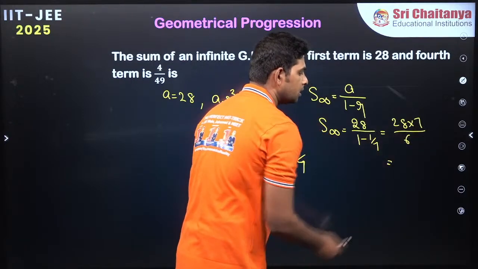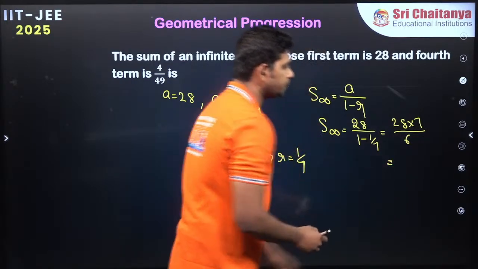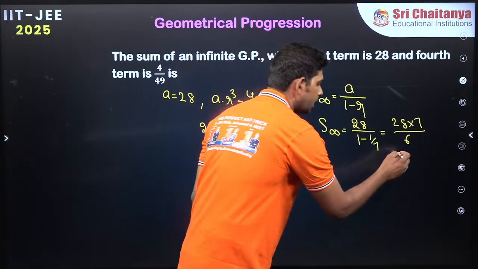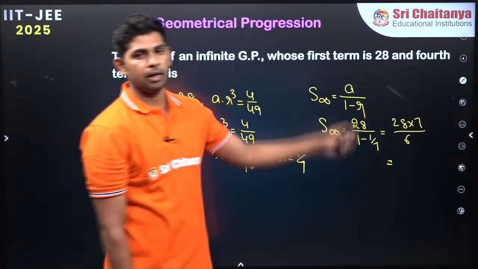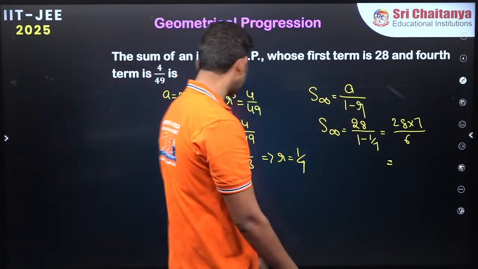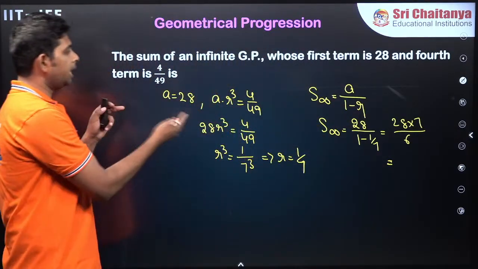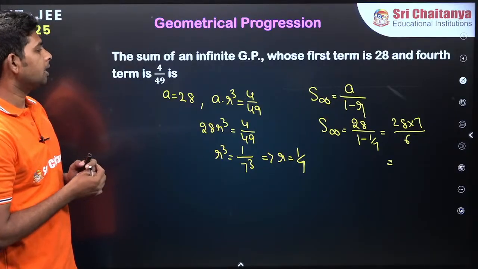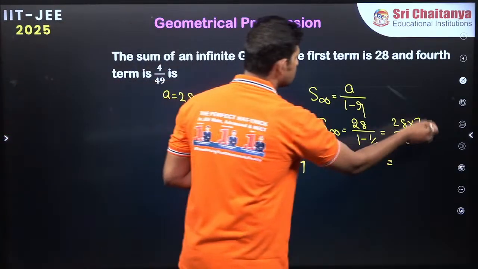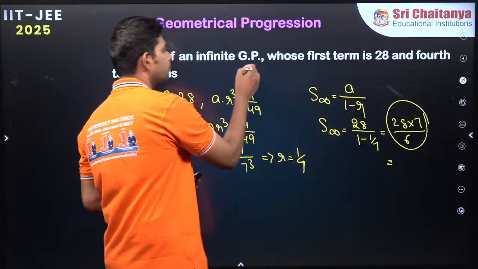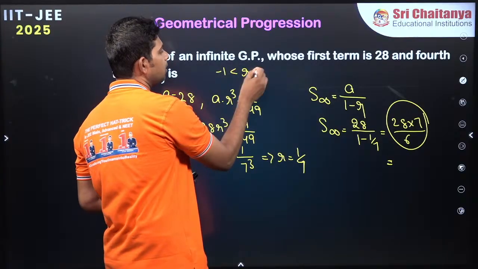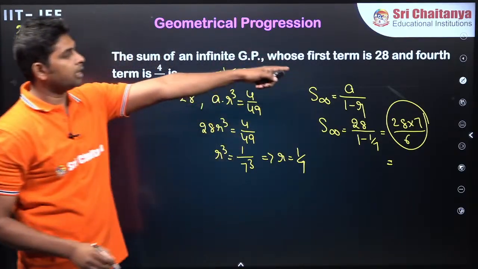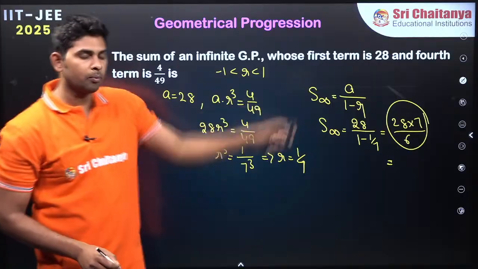On simplification, 2 times it is getting cancelled, giving 14 into 7 divided by 3. So this is how you get the sum of infinite terms. This always converges to some finite value if R is between minus 1 and 1 and we are taking infinite terms. I am going to give one more example.